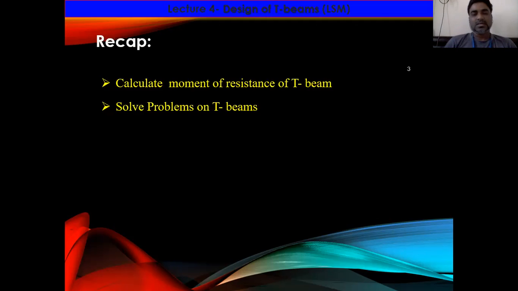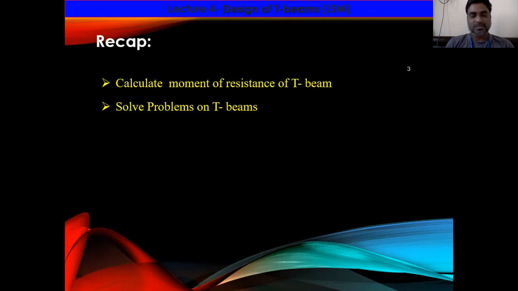That means you need to determine the moment of resistance, and this moment of resistance depends on the depth of neutral axis. Based upon the location of the depth of neutral axis, the moment of resistance calculation is of three types.